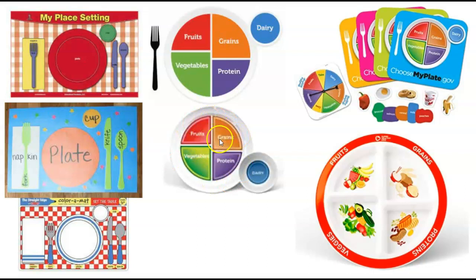You can get them colored or you can get them with visuals. So they can see how much should be on each of their plates. This looks big, but the plates are portioned based on if it is a younger child, teen, or an adult. So it's already done for them, and then you are just teaching where they go.